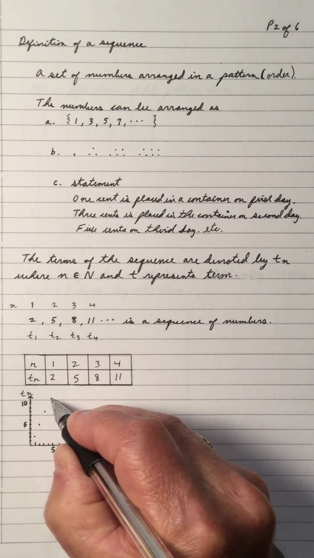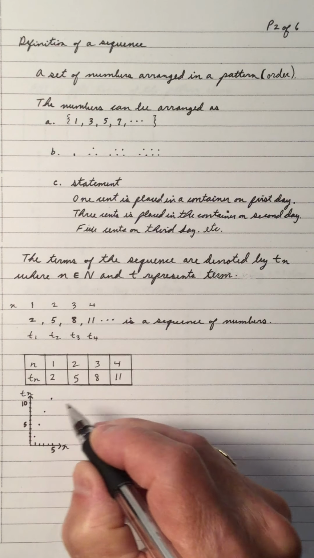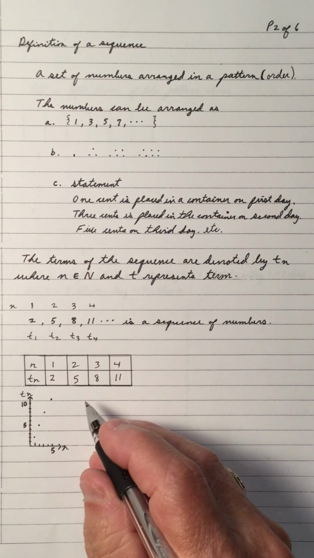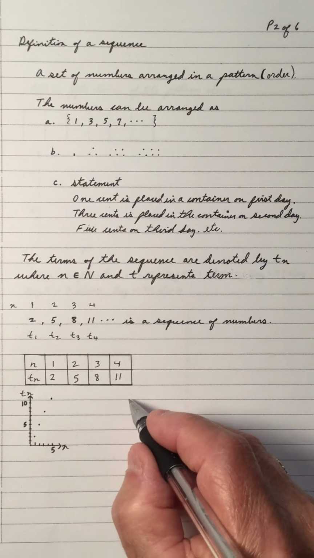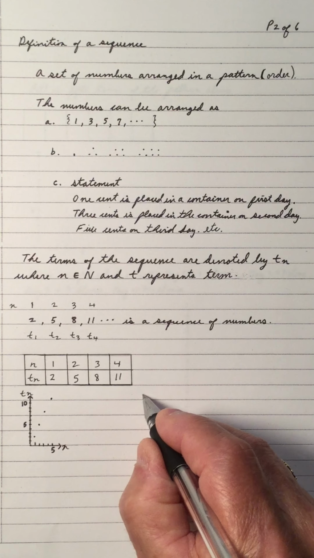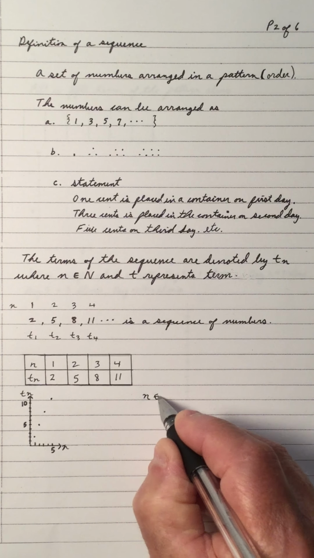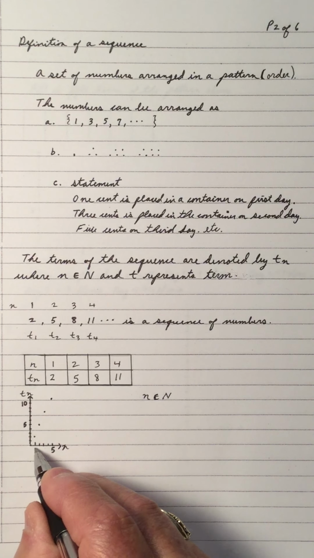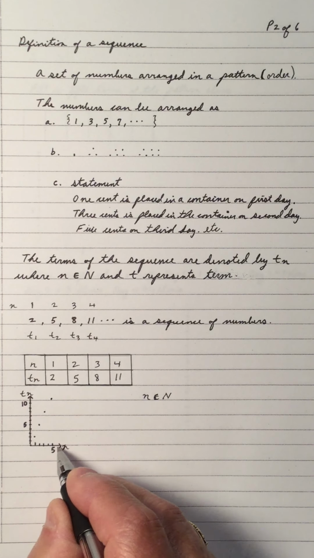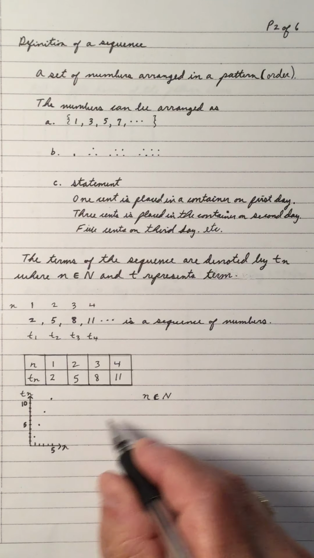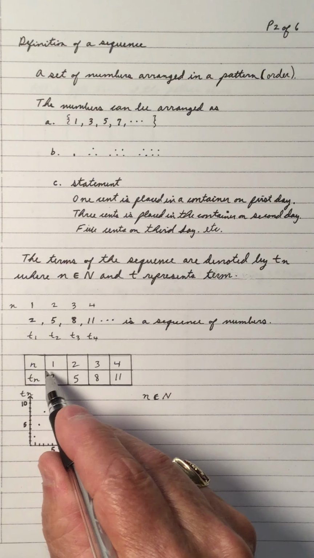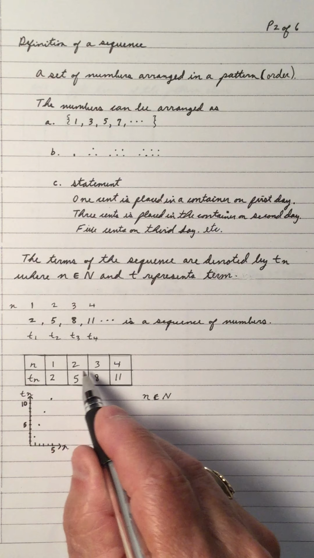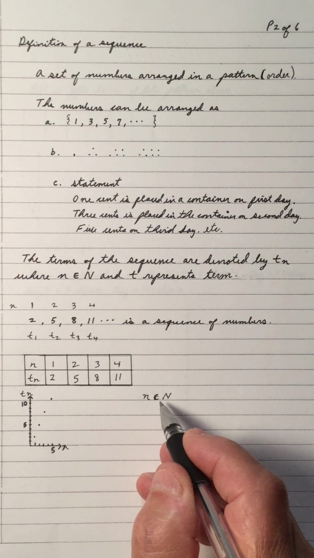And if you notice that these are dots. So, because they're dots, notice also that n belongs to the natural numbers. So this is 1, 2, 3, 4, 5, 6, 7. These are the natural numbers. The terms, the number of the first, second, third, fourth are the natural numbers.